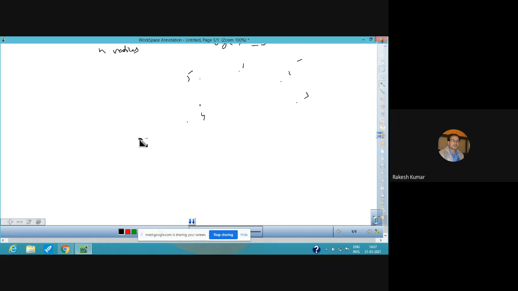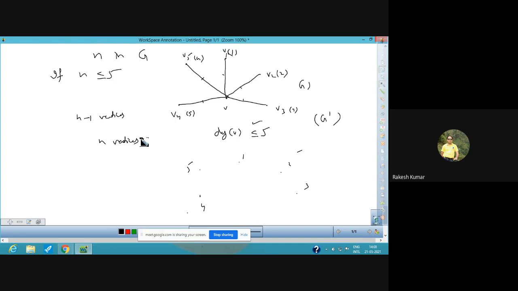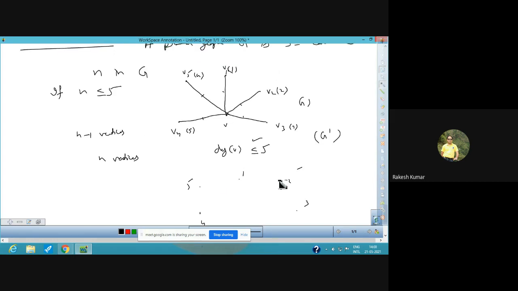Suppose we have this is V1, plot this graph.